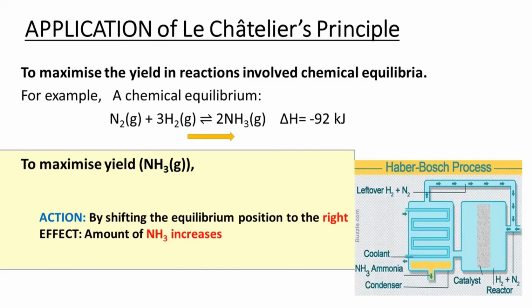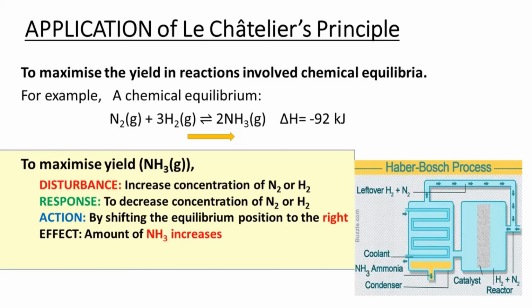For the equilibrium position to shift to the right, the system must respond to decrease the concentration of nitrogen gas or hydrogen gas. Hence, the initial equilibrium must have been disturbed by increasing the concentration of the reactant nitrogen gas or hydrogen gas.